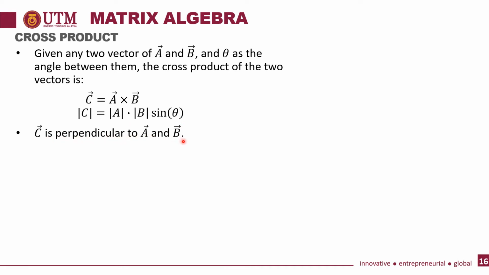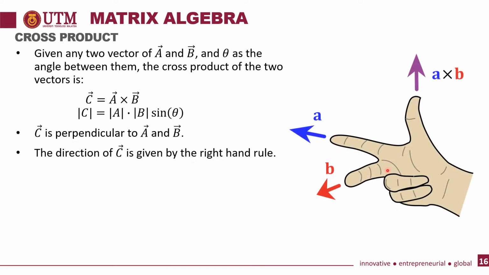Later on, when you are learning the subject of EMT, electromagnetic field theory, you will learn about all of this cross product. I think you are also learning about the cross product in your engineering mathematics subject. The direction of C is given by the right hand rule. So this is the right hand rule.